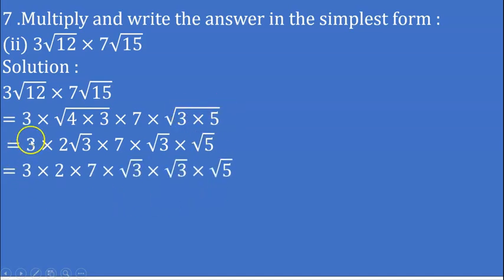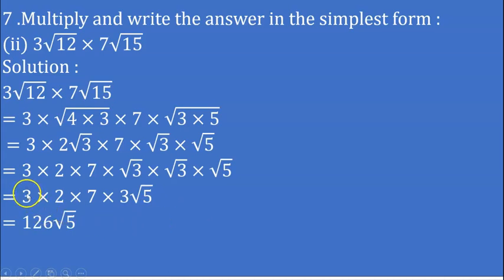Next simplification: 3 into 2 into 7, then root 3 into root 3 into root 5. This root 3 into root 3 makes 3 into root 5. The next multiplication is easy: 3 into 2 into 7 into 3 means 126 into root 5.